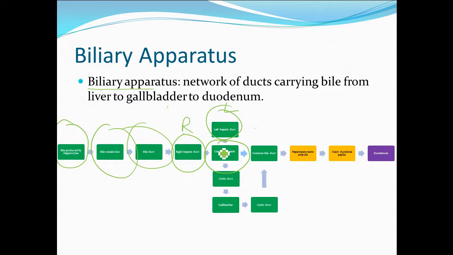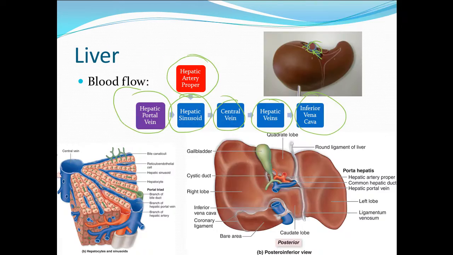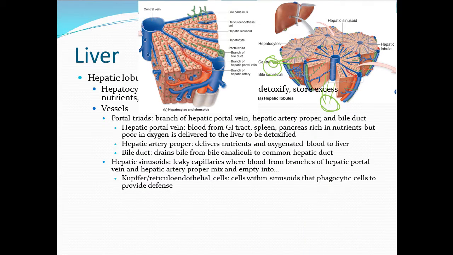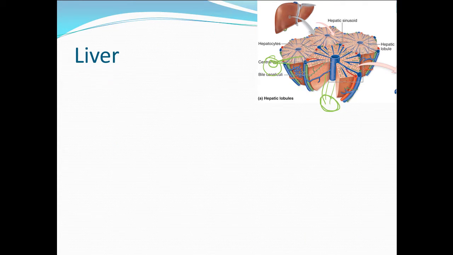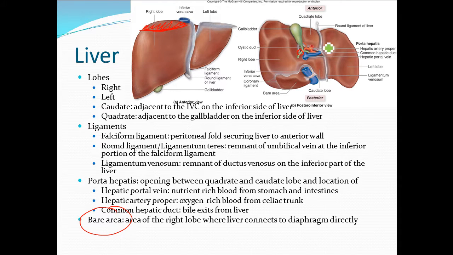And remember how we were talking about the structures that we see out of the liver here? When we looked at the liver over here. Remember what was this again? The hepatic artery proper. This one is called the hepatic portal vein. This that's coming out of it is this common hepatic duct.